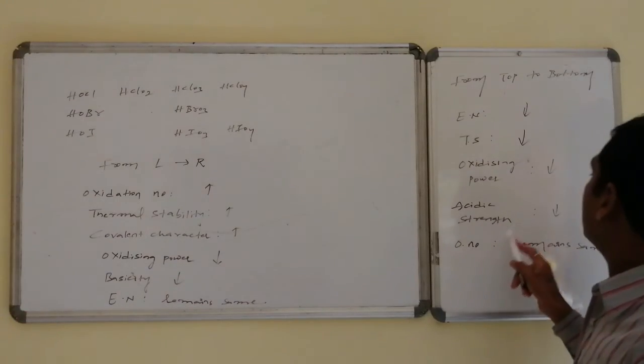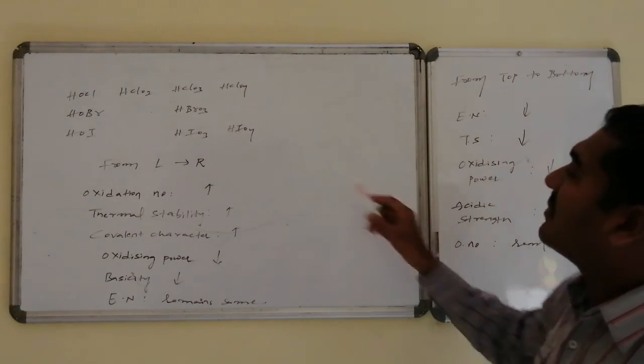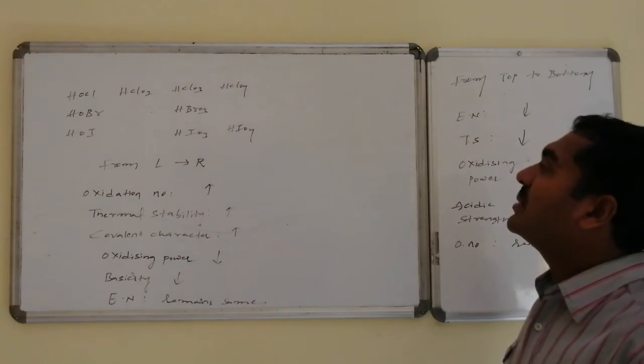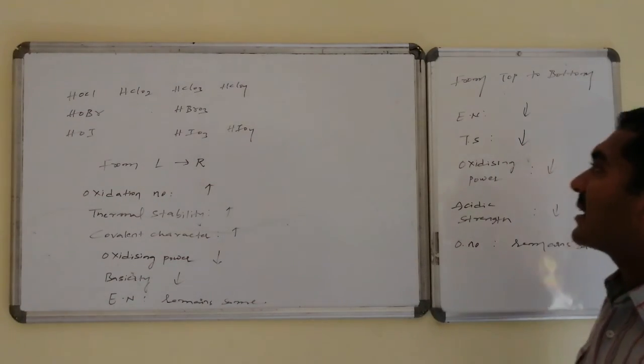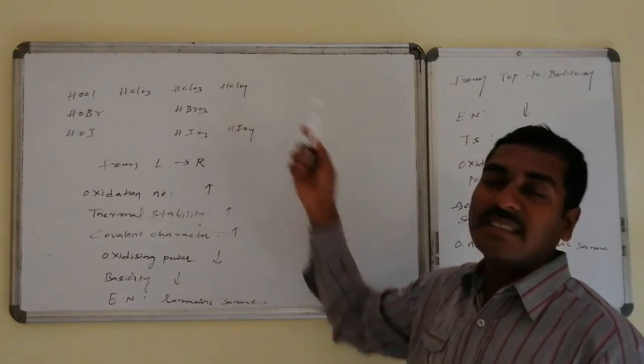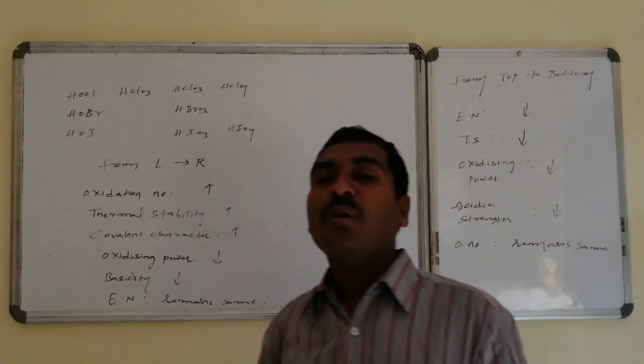For oxidizing power among HClO4, HBrO4, HIO4, HBrO4 has the highest oxidation power, then the next is HIO4, and the least oxidizing power is present for perchloric acid.